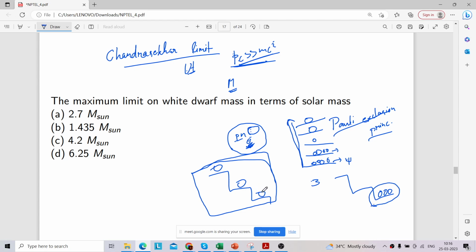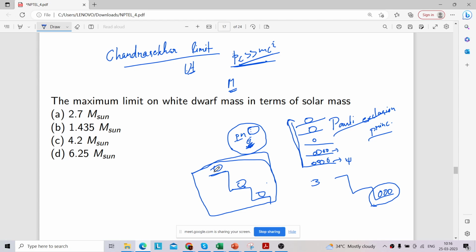So fermions put pressure, meaning the Pauli exclusion principle generates a pressure, the degeneracy pressure. There are some discrete energy levels, so only one electron or one fermion will occupy each energy level.